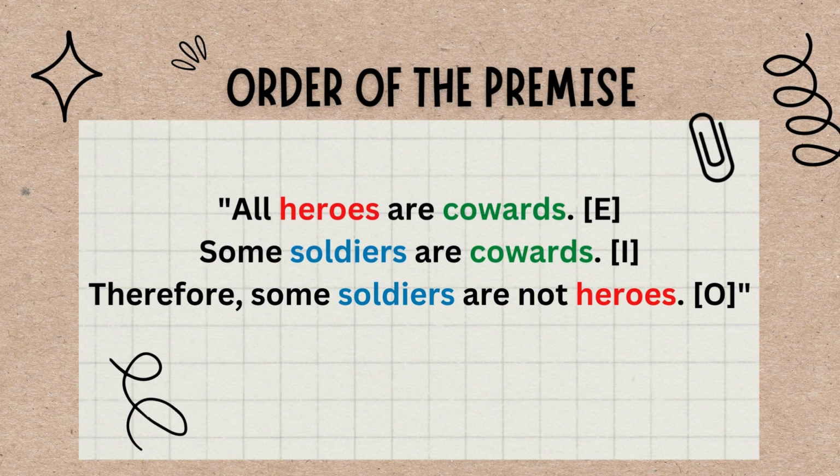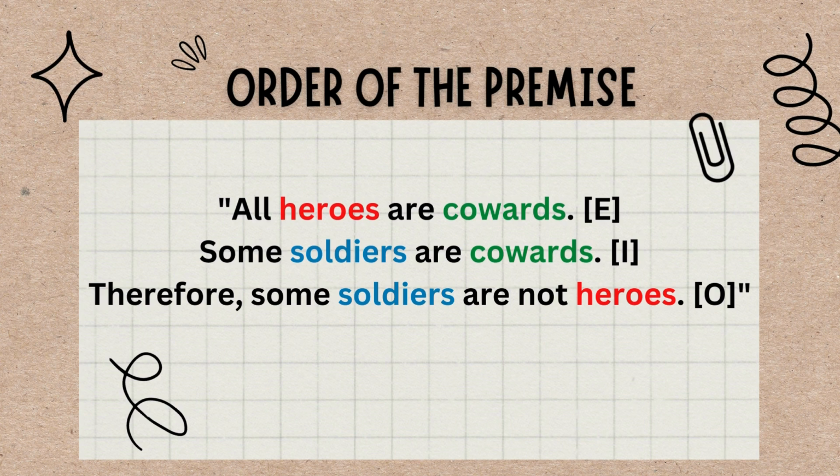Since "therefore" is there in the third statement, it is the conclusion. Here soldiers is the subject and heroes is the predicate. The predicate of the conclusion is the major term, and the subject of the conclusion is the minor term. So the minor term is soldiers, the major term is heroes, and the middle term is cowards, because it never appeared in the conclusion but appeared in the other two premises.